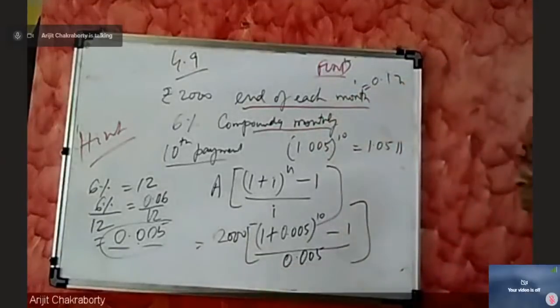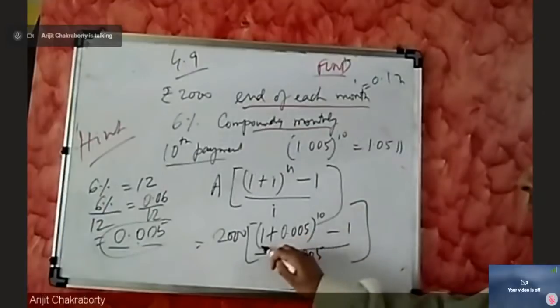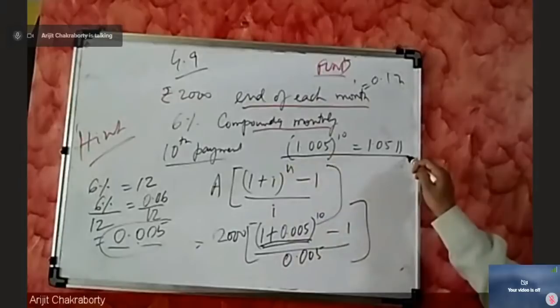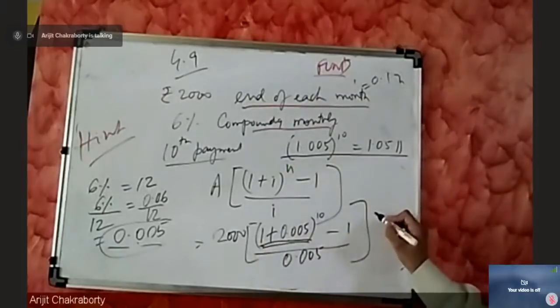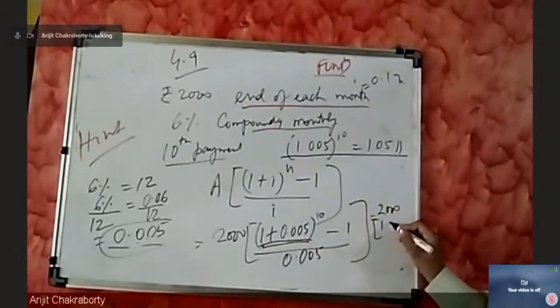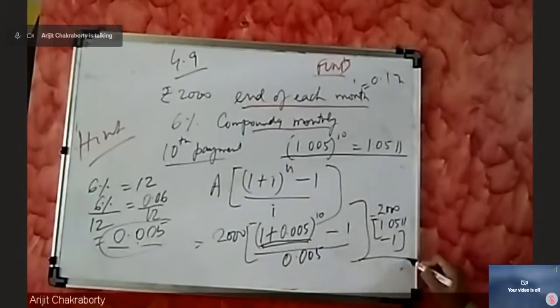So if you break this down now, 1 plus 0.005, this part is already given. Okay. So I simplify this. 2000, 1 plus 0.005 to the power 10 is given, 1.0511 minus 1 divided by 0.005.